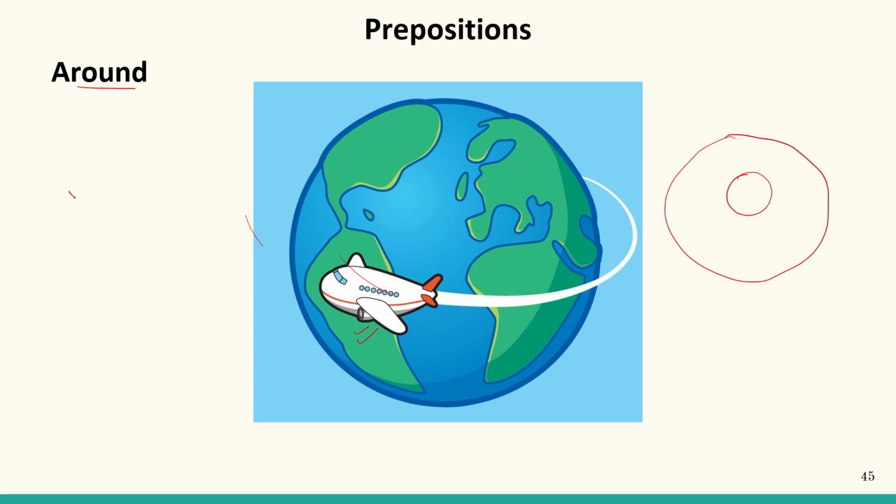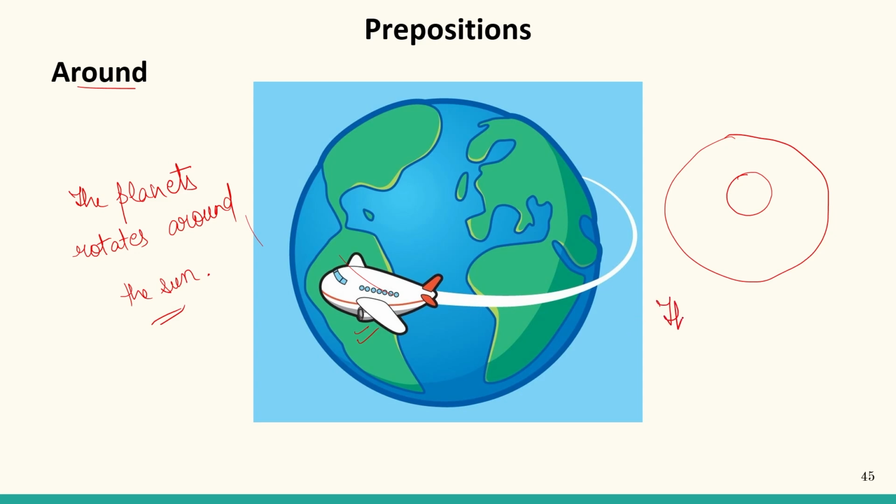For example, the planets rotate around the sun. So it is around.